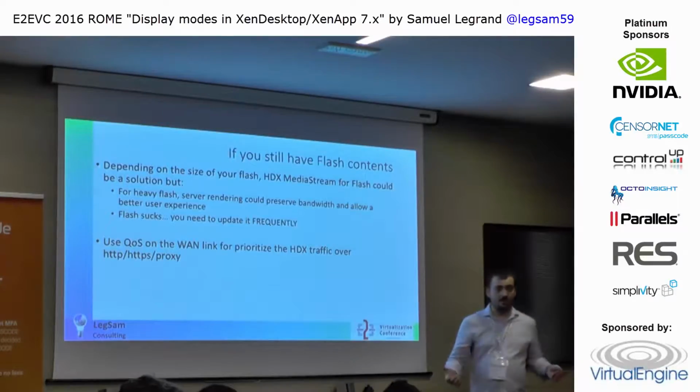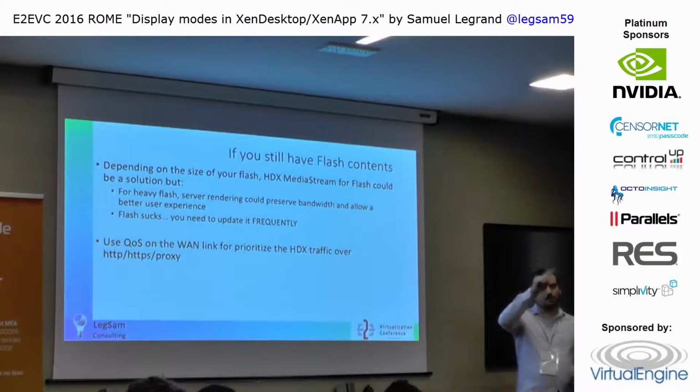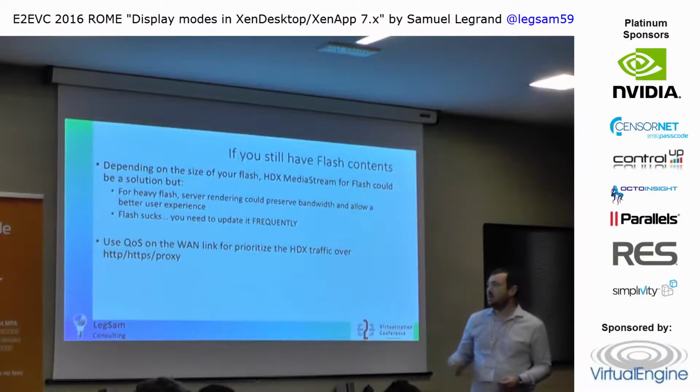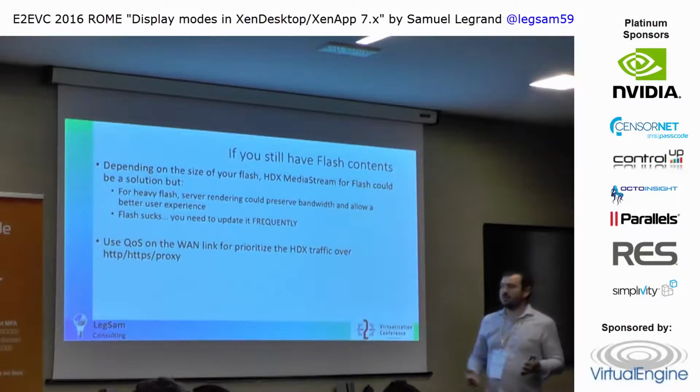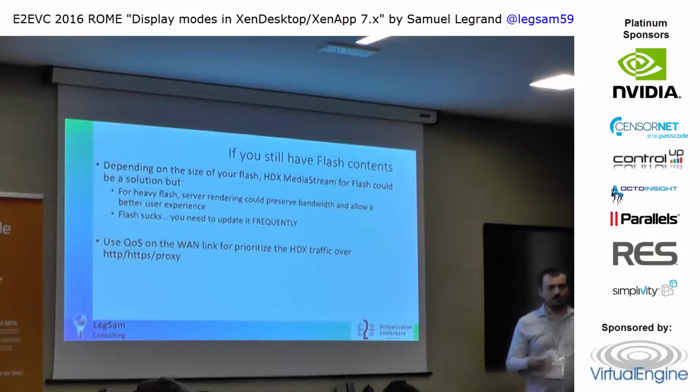The quality is really good, like it was local, because in fact it is local. But you are using a lot of bandwidth at the beginning, and after that it will go down. With heavy Flash, it's better to stream it during the whole duration of the video. And yes, Flash is updated too frequently for a production environment.